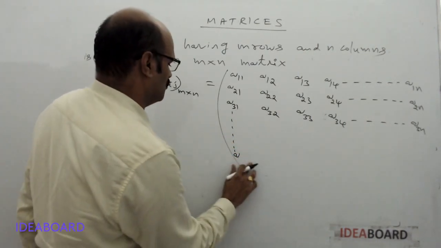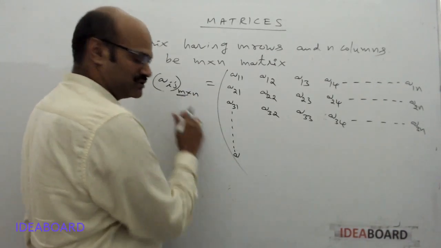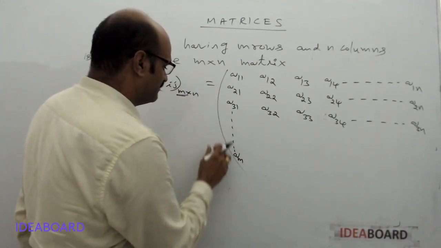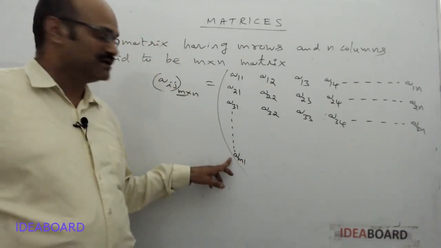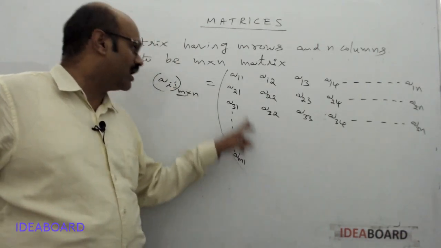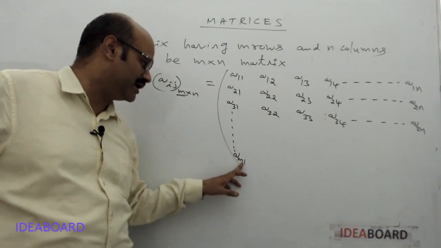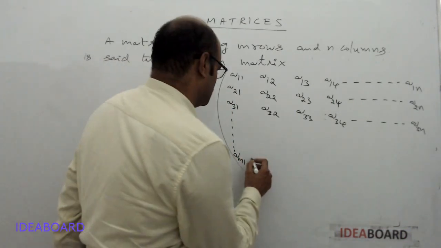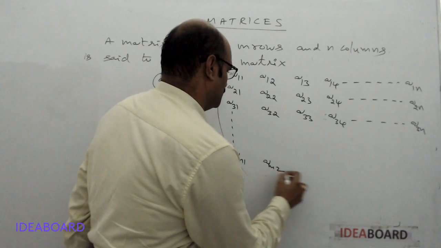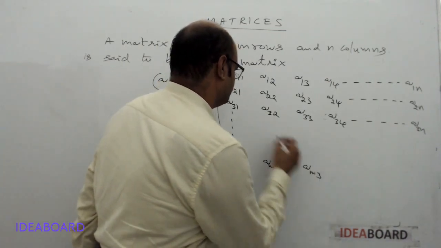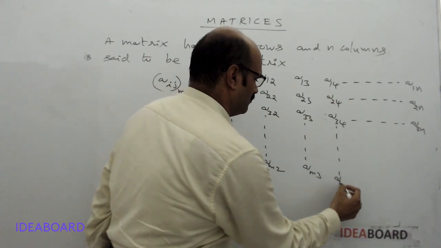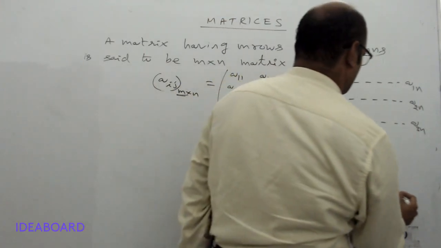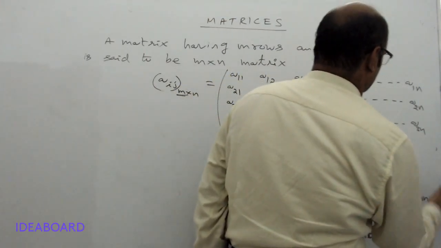Since we have m rows, here in the mth row, the first element is Am1. Since it is lying in mth row and first column, so Am1. Next element is Am2, Am3, Am4 and so on, Amn.